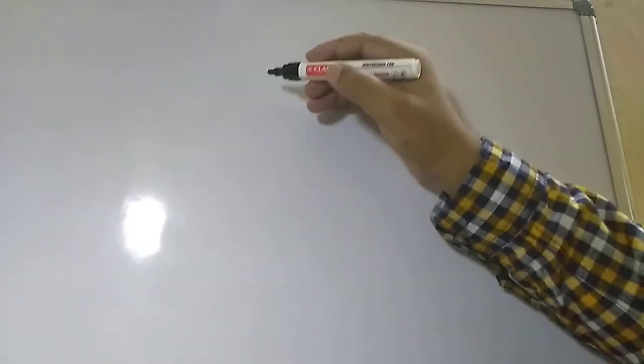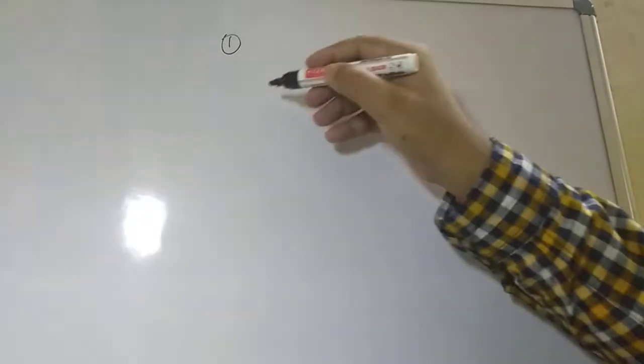Now let us go to the next method of preparation of dinitrogen, which is by thermal decomposition of barium and sodium azide. This method is important because by this method we prepare very pure dinitrogen.